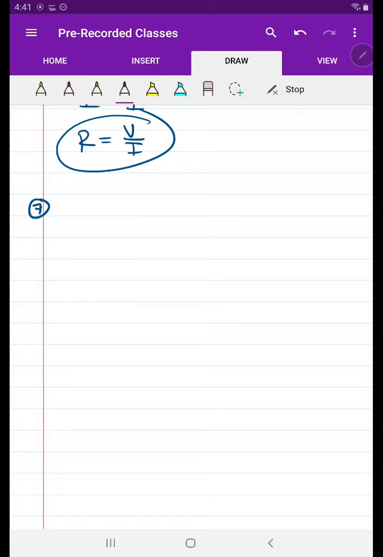For number 7, we have S is 1/2 times (A plus B plus C), and the directions are to solve for A. A is locked up in those parentheses, so the first thing we have to do is unlock those, and we can do that by getting rid of that 1/2. We multiply both sides by the reciprocal, 2 over 1.